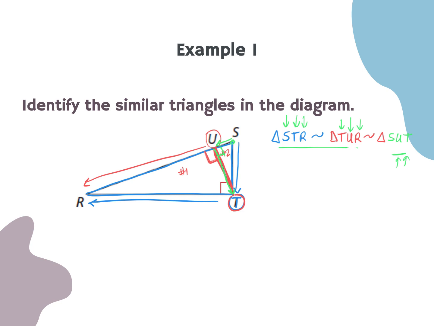It takes a little while to get used to writing it and figuring out what goes together. If your letters are in a different order, it just means you have to make sure you wrote the corresponding ones together. So that's how we would write the similar triangles in this diagram.